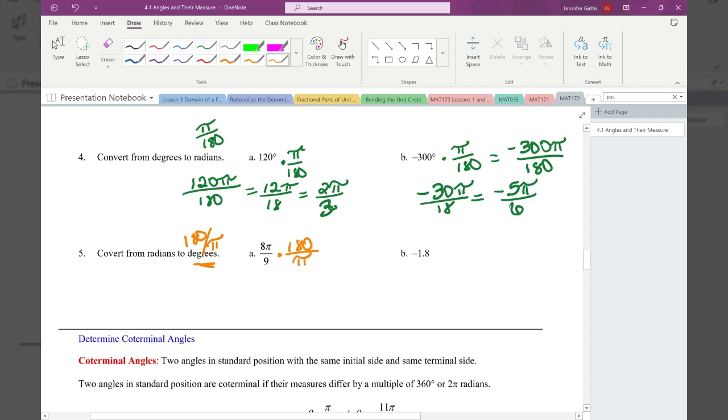Now, 180 times 8 gives us 1440 pi over 9 pi. Well, these pi's can cancel because if you remember, degrees do not have pi's in them. They have the degree symbol. And then we can divide numerator and denominator by 9, and we get that this is the same as 160 degrees.